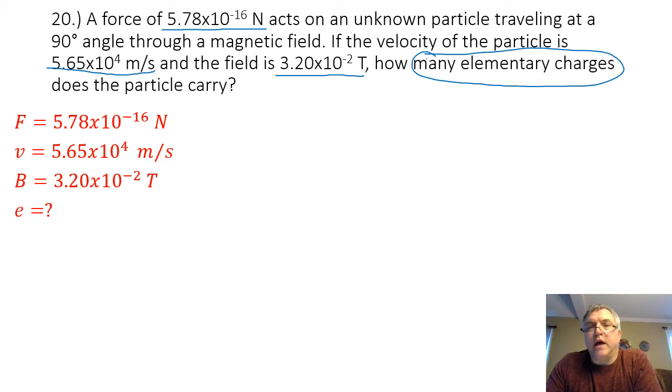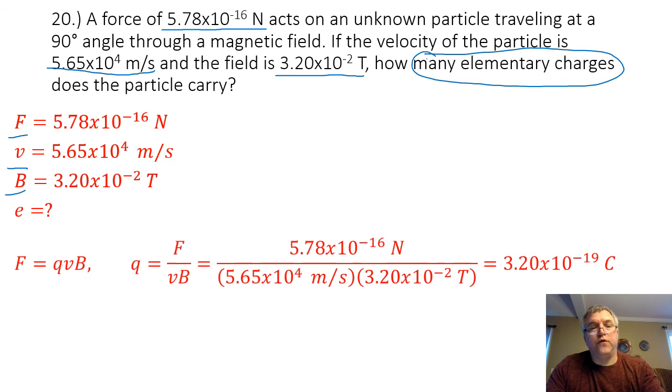So if I'm dealing with elementary charges, I know that I want to find the charge of the particle. You could also use a process of elimination. I am given the force, the velocity, and the magnetic field. So I know that I'm going to need to use F equals QVB, and the only variable that I don't have in that formula is charge.